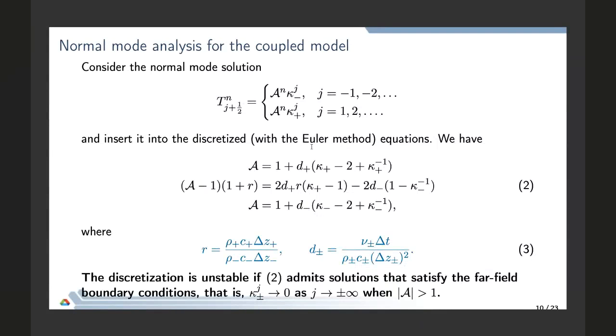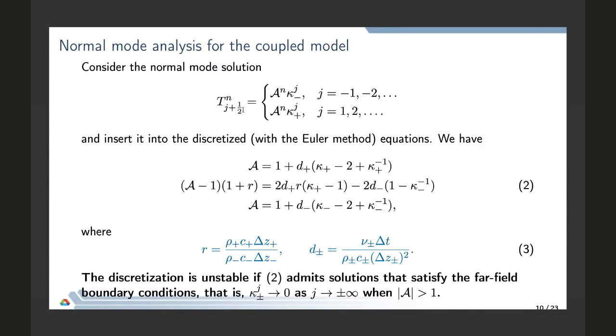The normal mode solution depends on a scalar A to the power n times k to the power j, where n is the time step index and j is the grid index. So you can see that this solution depends on both time and space. When we plug this solution into the discretized equations, we end up with a set of algebraic equations.